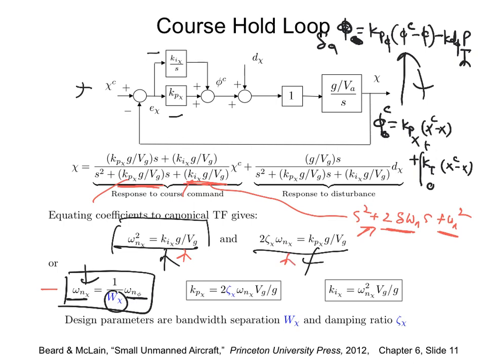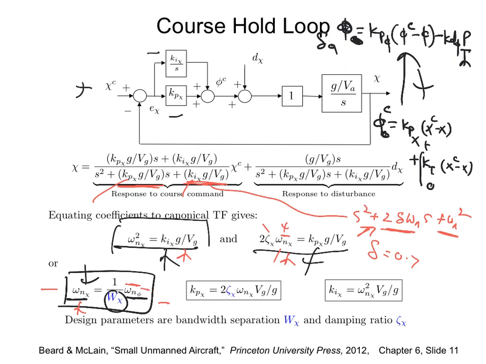Now the idea is, how do you choose omega nx, the natural frequency of the course loop? Zeta we can choose to be 0.7. Omega nx is chosen relative to the natural frequency of the roll loop, which was the inner loop, and we can choose the course loop to be a factor of omega chi slower than omega n phi.